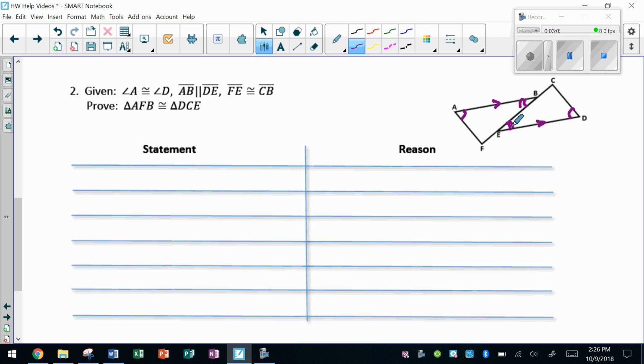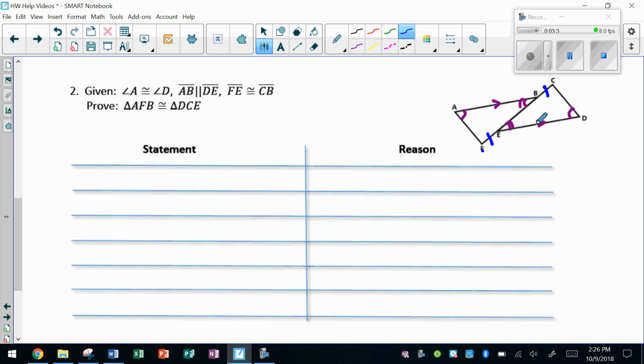The next thing they tell us is that FE is congruent to CB, and that's only a part of this segment from E to B, which is only a part of this segment from C to E. That is a clue that I'm going to have to use the partition postulate, and also because it is day 9, which is the partition postulate.